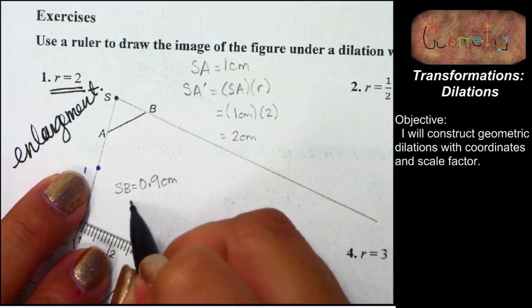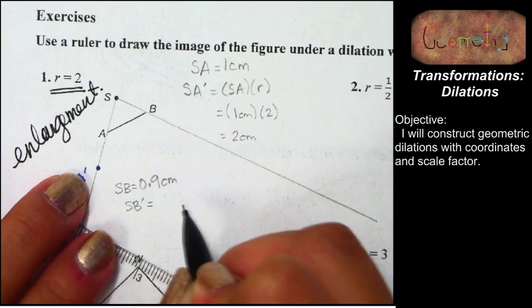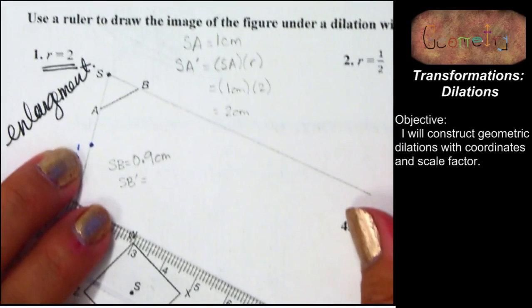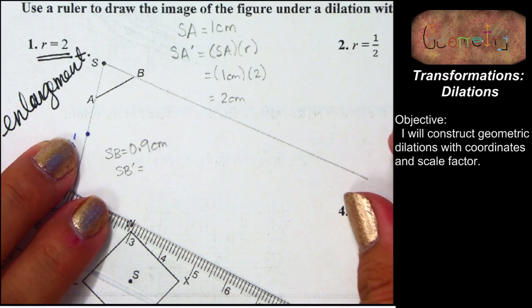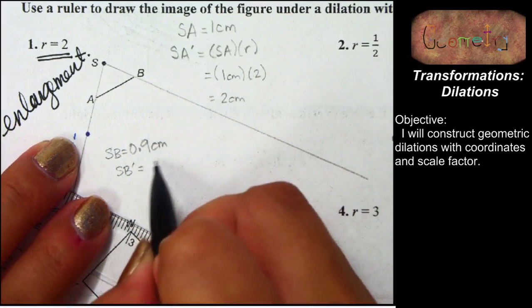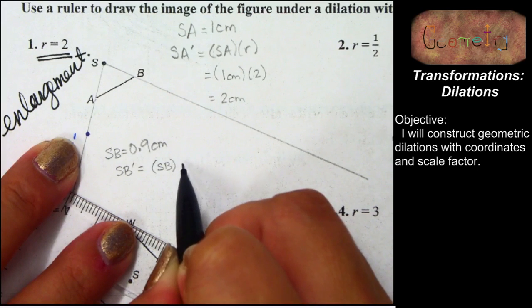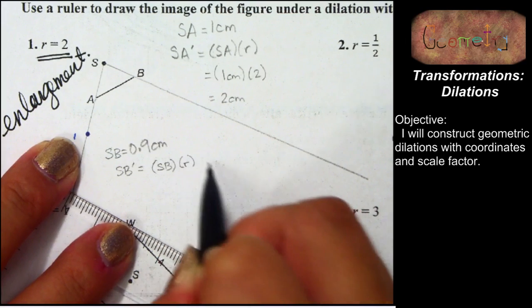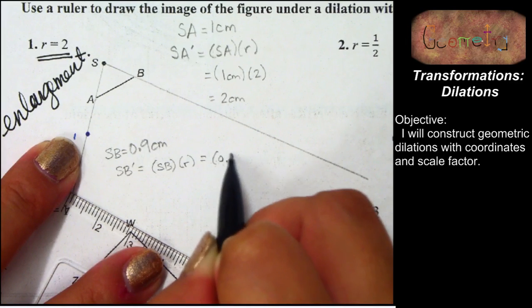In order to find out the distance between S, the center of dilation, and B prime, the location of B after you've completed the dilation, we'll say that it's under dilation. We're going to get the distance between S and B, the center of dilation and my original point, and multiply that by the scale factor. The original distance was 0.9.